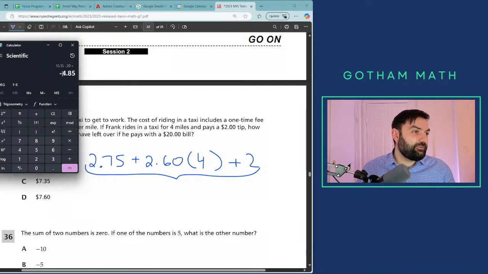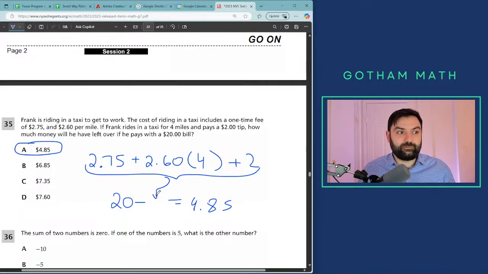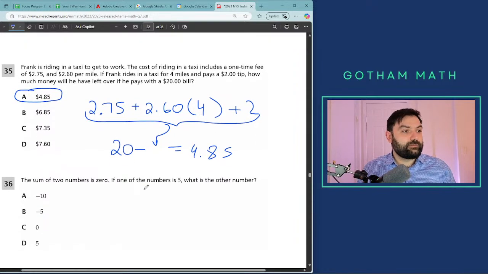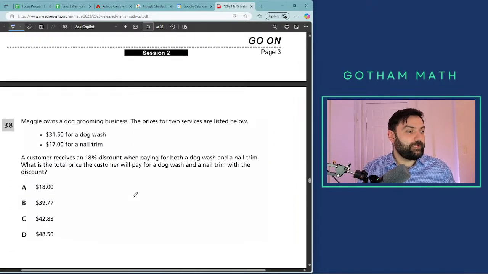I know that the answer is going to be negative, but if you would do it the other way around, it would be a positive answer, 4.85. So 20 minus that will equal 4.85. And that's the answer. Okay, so nothing really to discuss here. This is a classic calculation type of problem. Okay. 38.